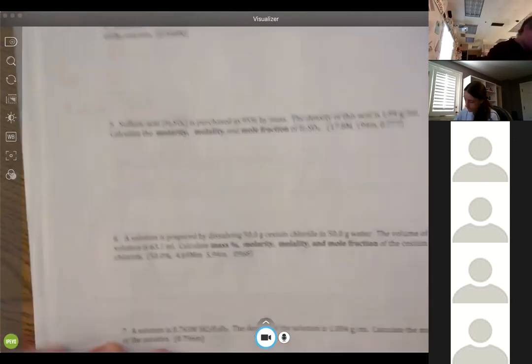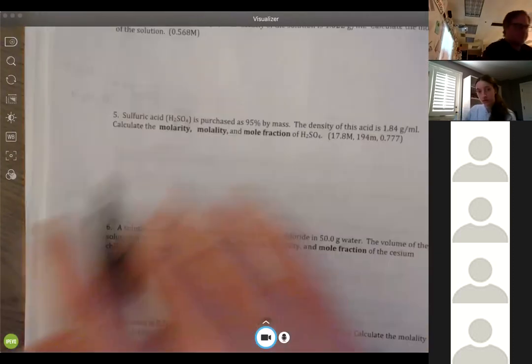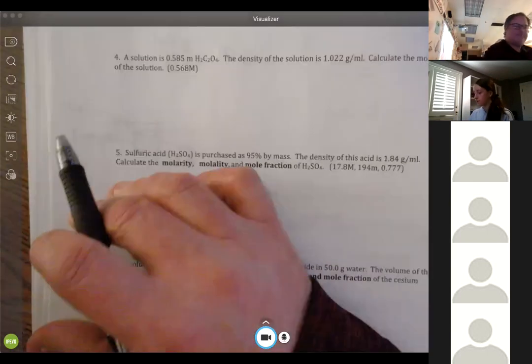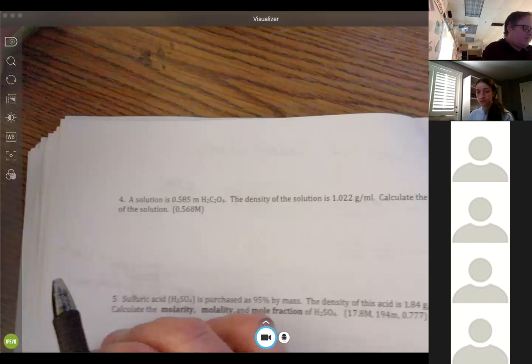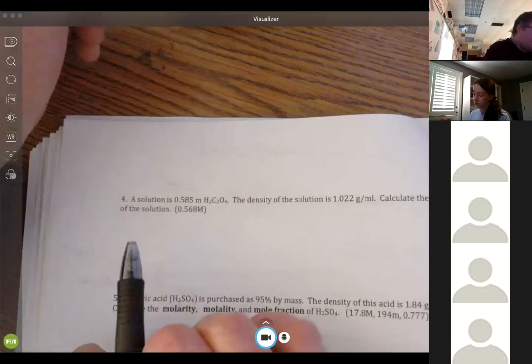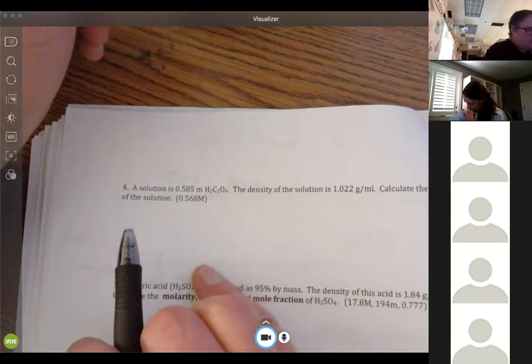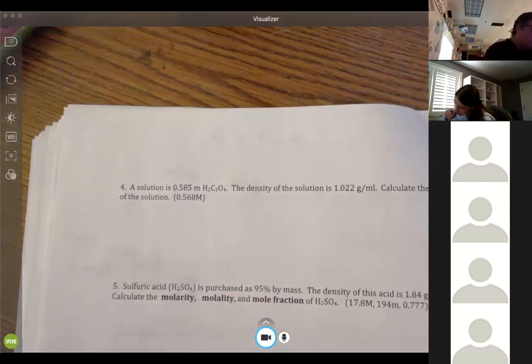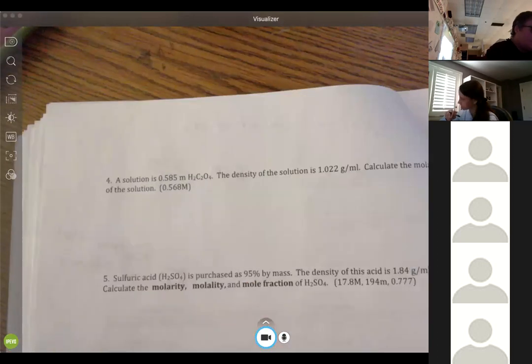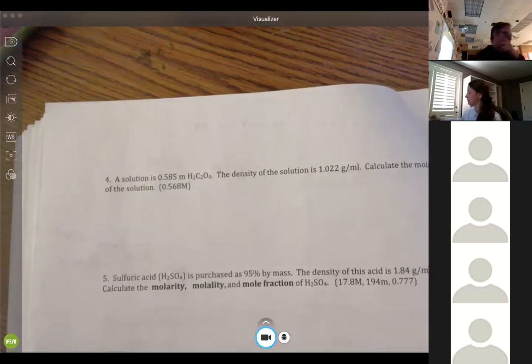So if we take a look here, number 4. A solution is 0.585 molal H2C2O4. The density of the solution is 1.002 grams per milliliter. Calculate the molarity. What do we need for moles?